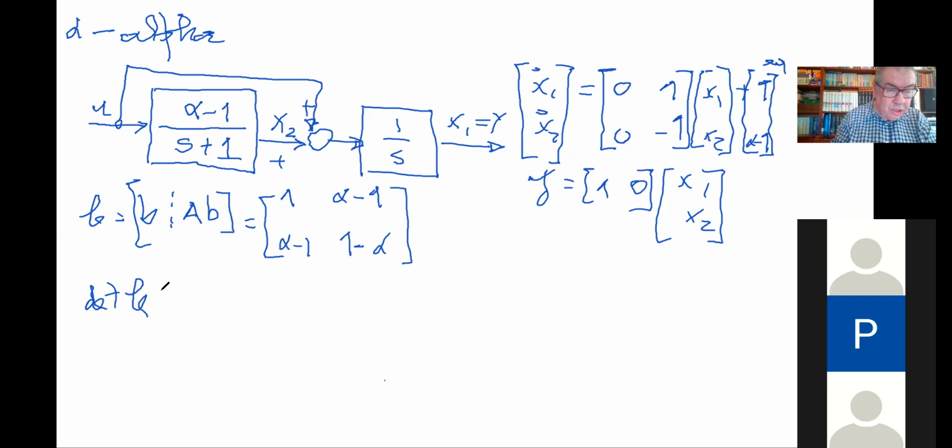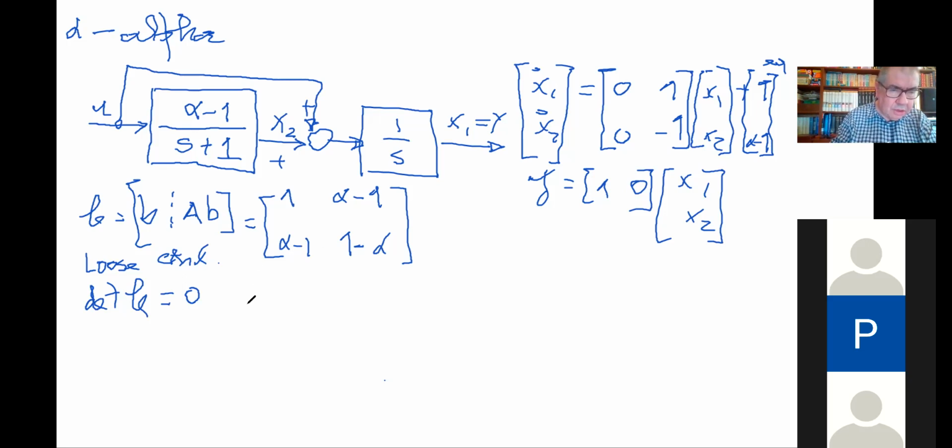So you lose controllability for determinant of C equal to 0.